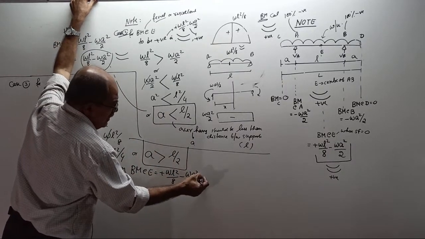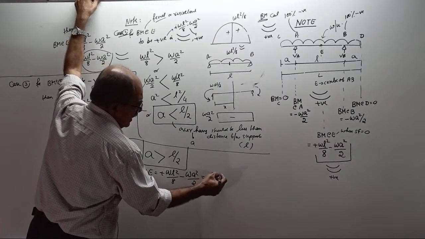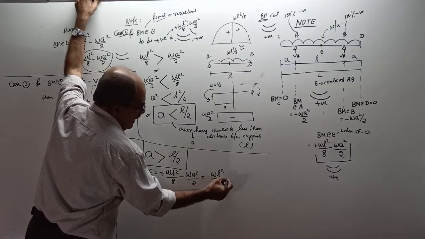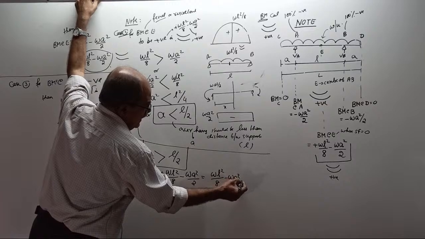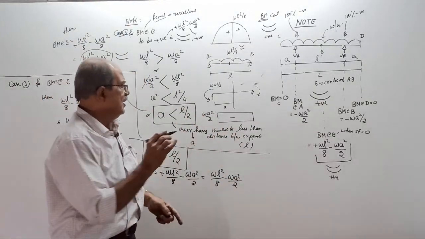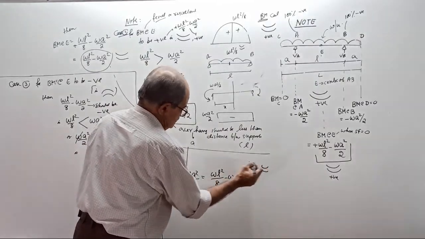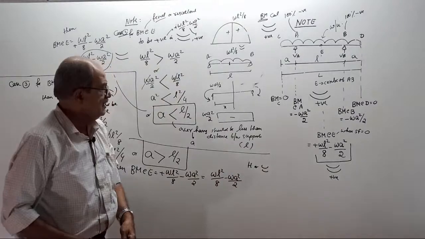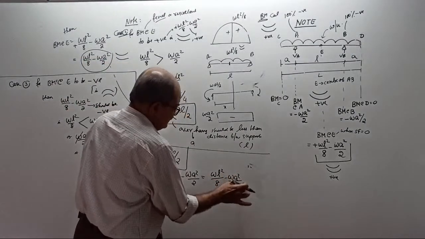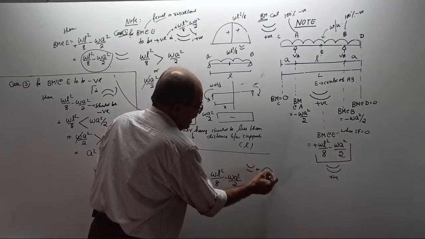This original formula equals WL square by 8 minus WA square by 2. This much hogging or sagging? I want the answer. First, this much hogging. This answer is that much sagging or hogging? Answer.